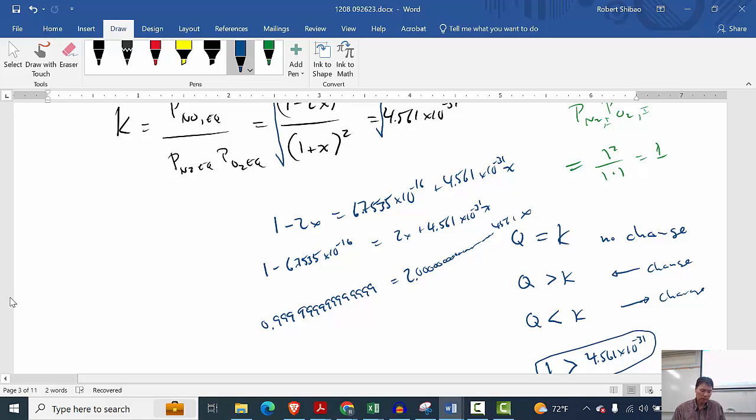And so why don't you guys go ahead and calculate this. See what you get. So I'll get 2 plus 4.561 times 10 to the negative 31.